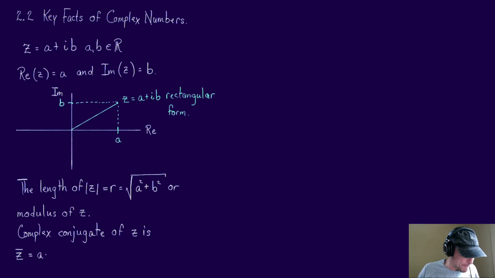So it'd be a minus i times b. And if I went to graph this, let's graph this in this pretty kind of pinkish color here. I think that should show up well. If I've gone up b, I would come down to b, and then I would go over to a. And that would be my complex conjugate.